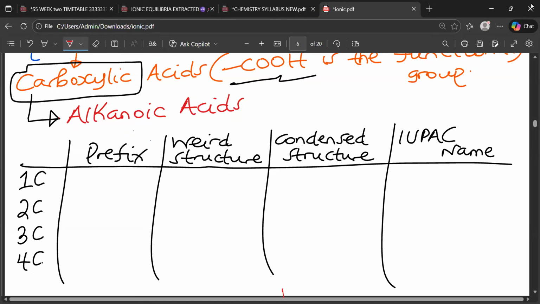We really struggled. But some of you have already forgotten the struggle. Yes, Judith. For one carbon, it's meth. The second, it's eth, prop, and but. Now, do you remember the role of prefixes that I gave?